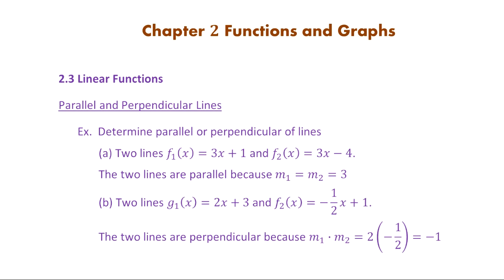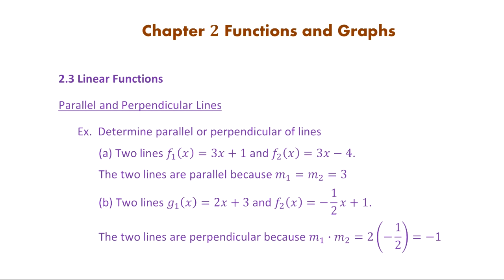They're both 3, right? Remember, the number before x is the slope, and the number afterwards is the y-intercept. So we got the same slope for the two lines, so they're parallel.